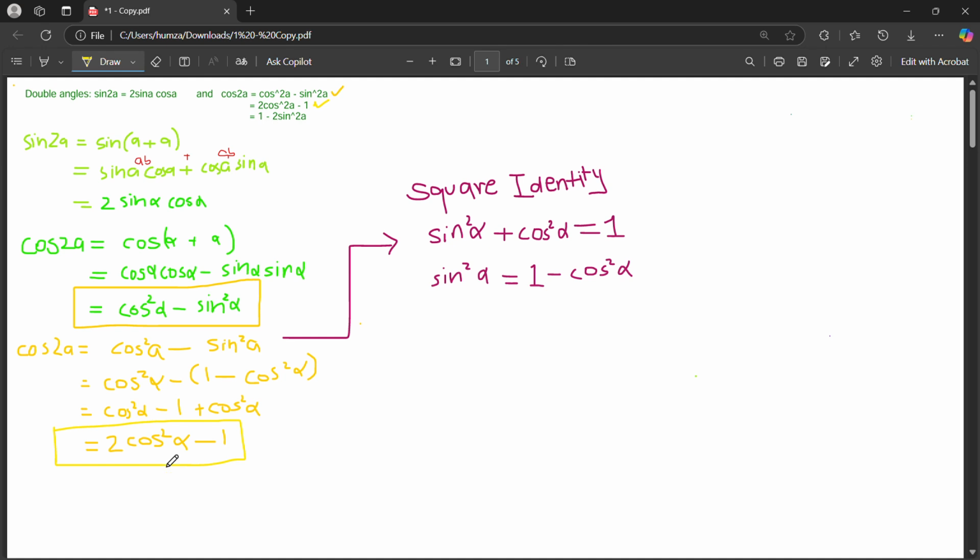So we proved this one. Now let's look at the last one, the last rule.